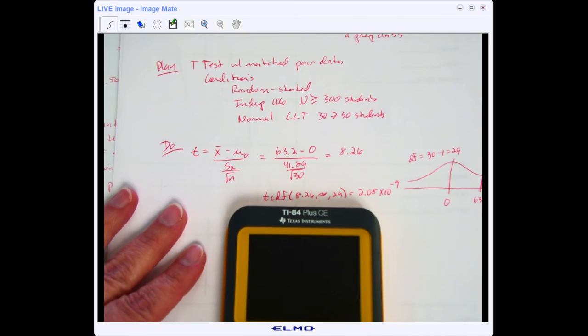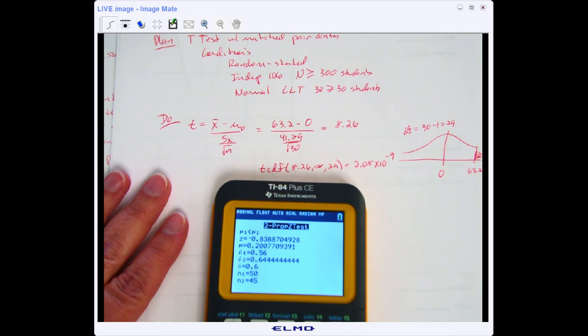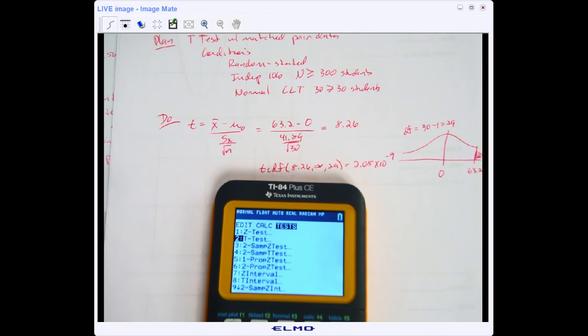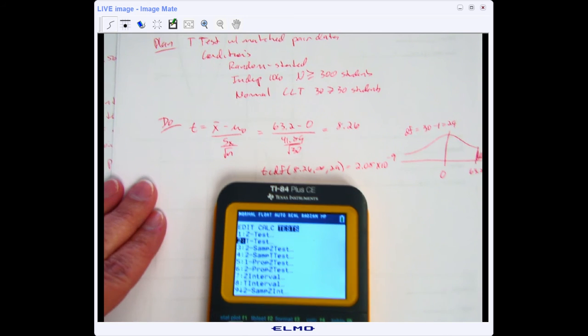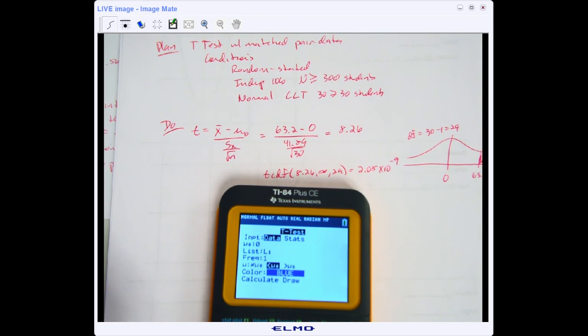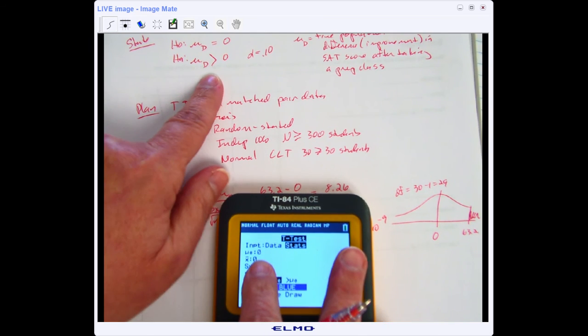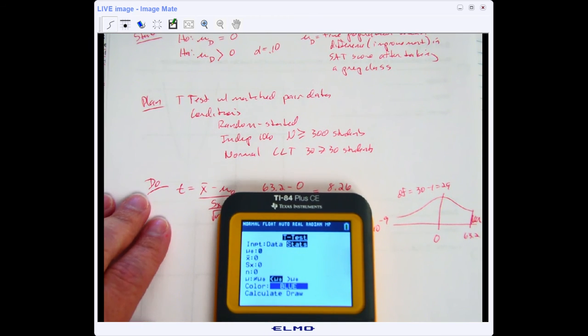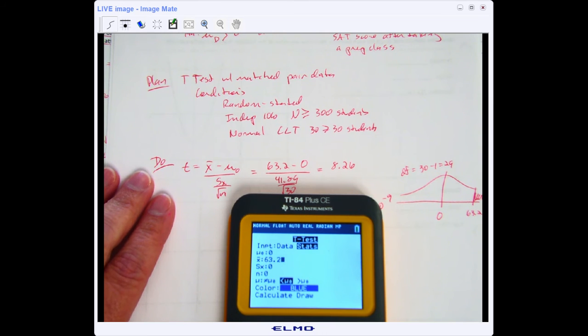Let's look at that in the calculator just to see what it looks like. So stat test, and again, this is just a t-test. Since this was matched pair data, I'm not actually comparing two samples. The mean of my H0 is 0. My sample mean was 63.2, then sample standard deviation, sample size.